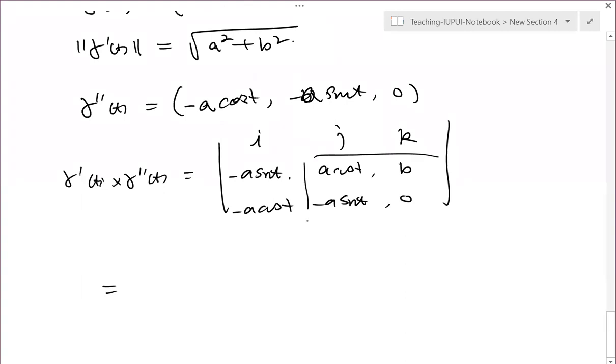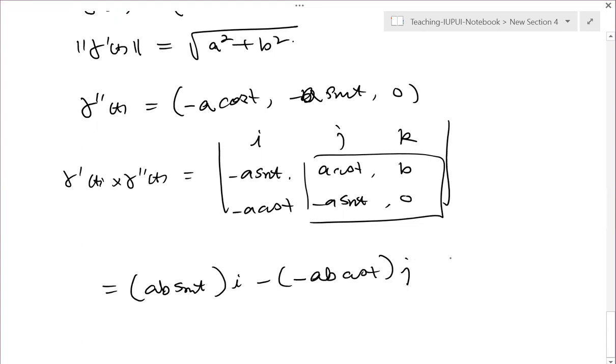In this part I will get ab sine t i, and in this part I think it's going to be negative ab cosine t j.